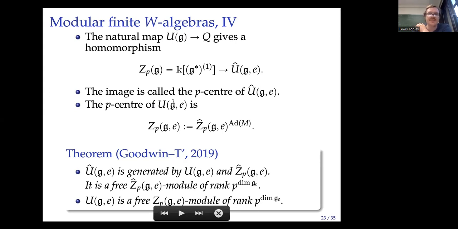If you want to take the p-center in U(g,e), then you just take the group invariants. So group invariants will take you into Q^(ad M). So this is an additional statement which compares the two W-algebras and describes how they interact with their p-centers, and it's analogous to one of the lemmas I wrote down earlier.